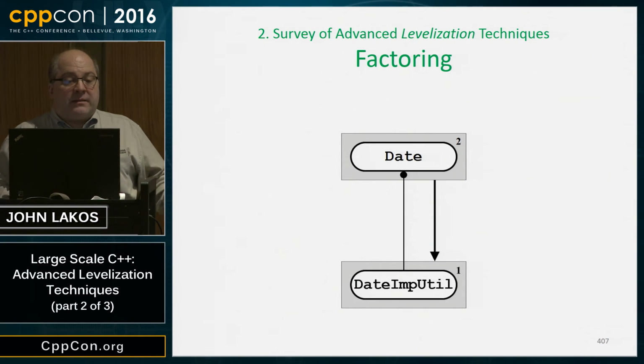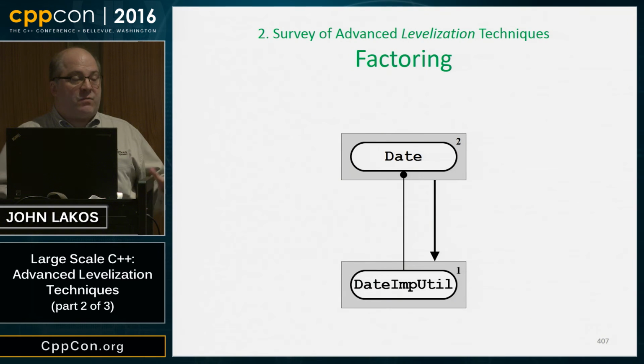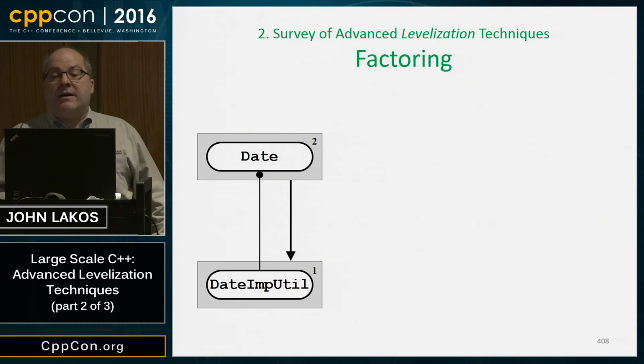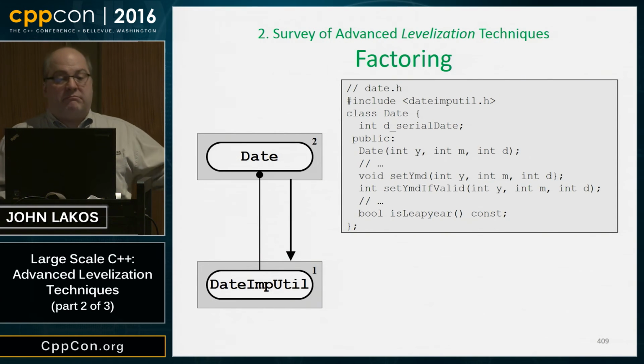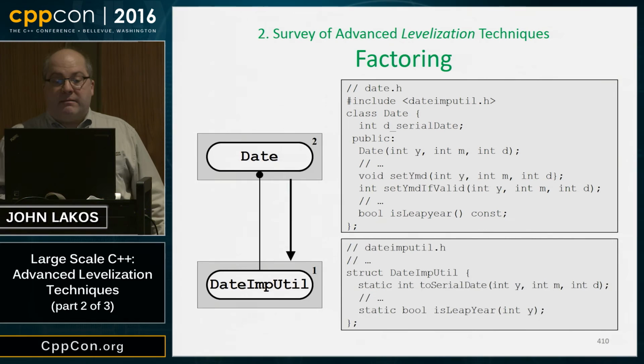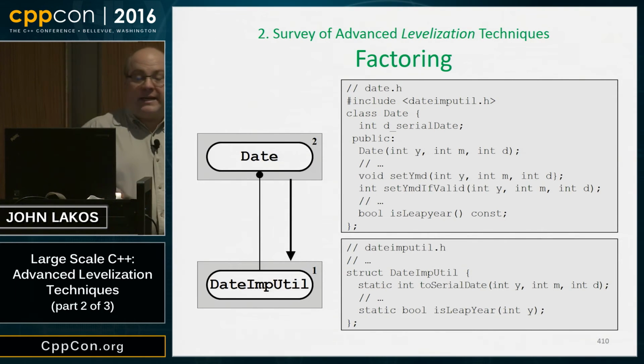Another example is you might have a date class, and the date class has a lot of complex functionality, like a large cache for relevant dates to go from year, month, day to serial date. So that's another thing you might do, and here's your date interface, and here's your date imp util.